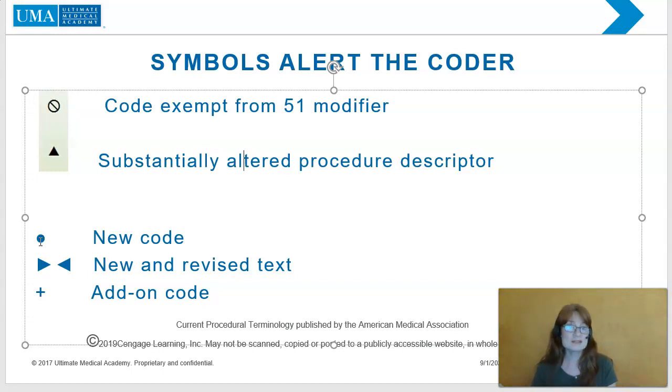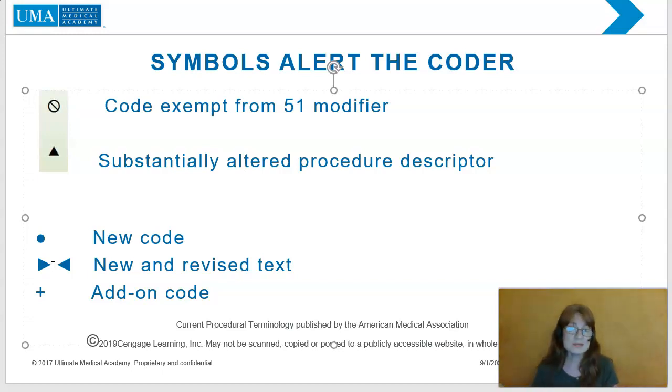Any new text will have these 2 triangles, facing triangles, at the beginning of the new text and at the end of the new text. So everything between the triangles will be new or revised from the prior year. And usually also that new and revised text is in a different color of print. It could be green. If that's the case, the reason for that is it's saying, hello, pay attention to me, I'm important, please read, make sure you're coding correctly.